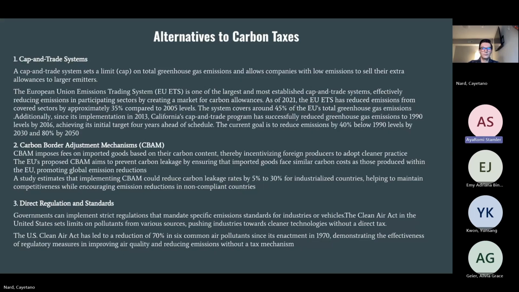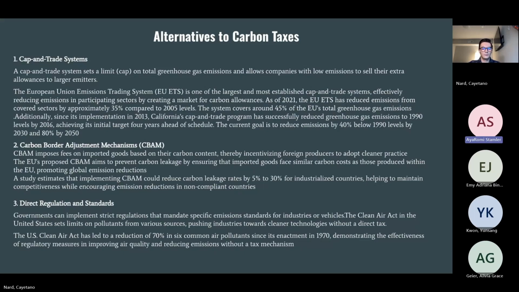So we can see an example that this system has already covered around 45% of the EU total greenhouse gas emissions. And their goal is to reduce the emissions by 40% below the 1990 levels by 2030, and 80% by 2050.